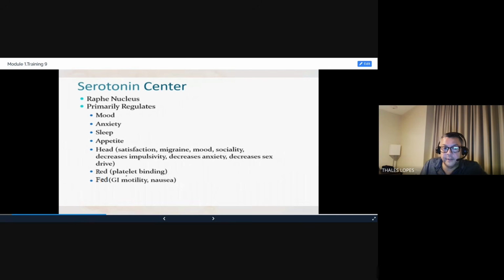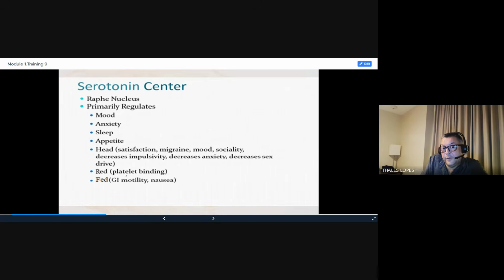So again, back to serotonin, appetite. When you have too much serotonin, you have this head, red, fat syndrome that I like to think of. Or when you initiate serotonin, the head will be the headache. So you tell your patients, initially in the first 3 weeks, you might have these symptoms of headache. Your mood may be off. You may be asocial a little bit.